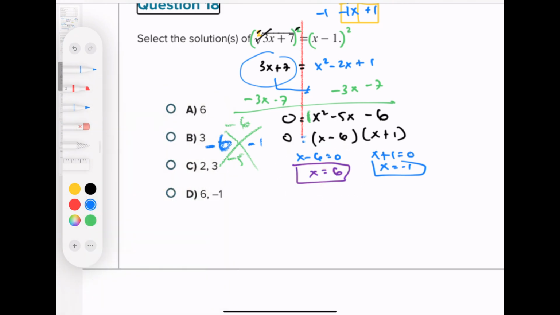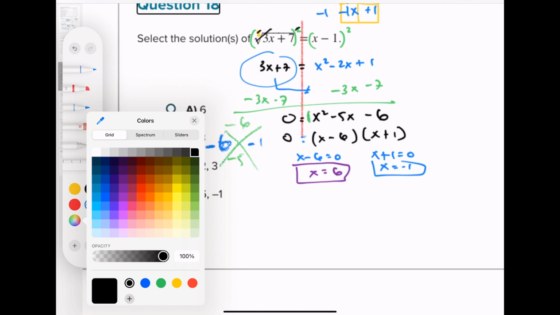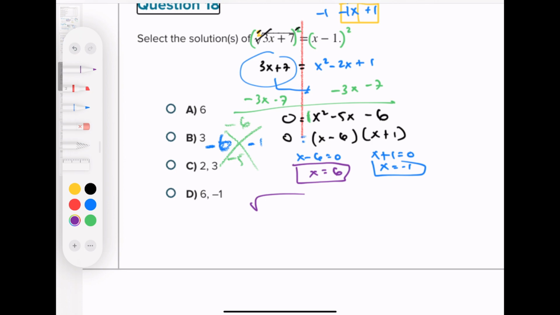If I change this to purple, I'm going to put 6 into x in the original problem and see if that is equal to the other side. So 3 times 6 is 18, plus 7 is 25, square root is 5. 6 minus 1 is 5. So this one works.